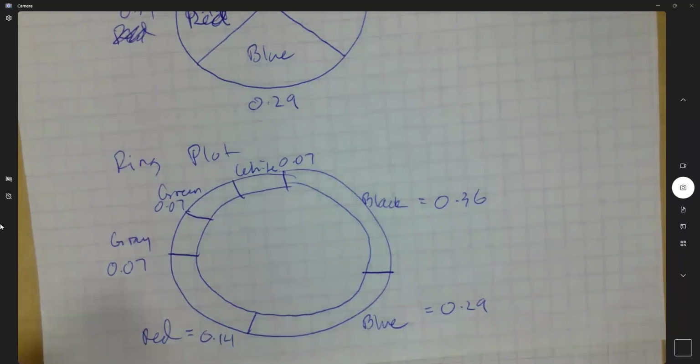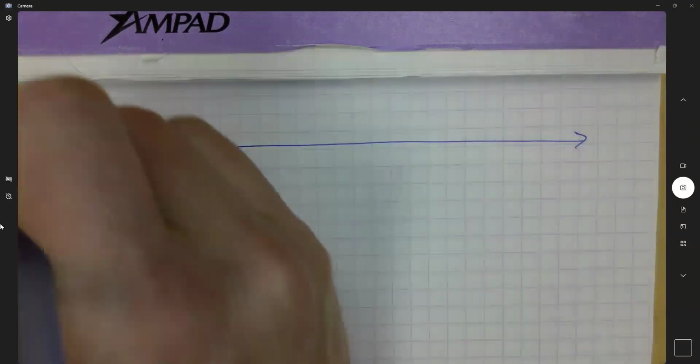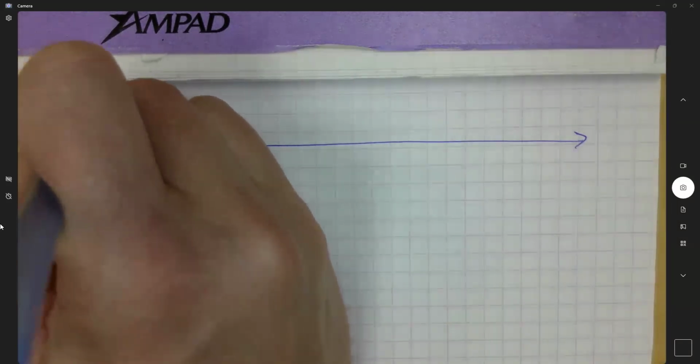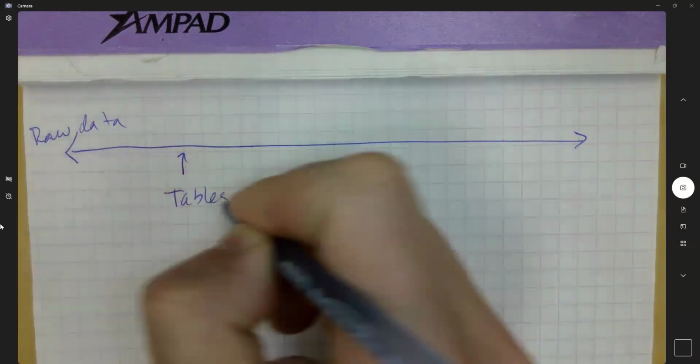All right, we're going to come back to visuals on Thursday when we talk about quantitative data, but let's talk about the very few summary statistics for qualitative data. So we're back here now, going from raw data. Here's our tables.